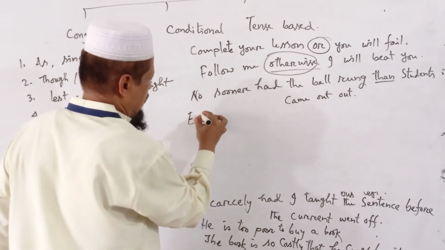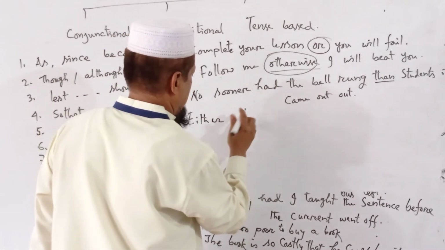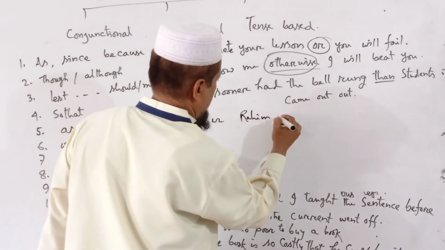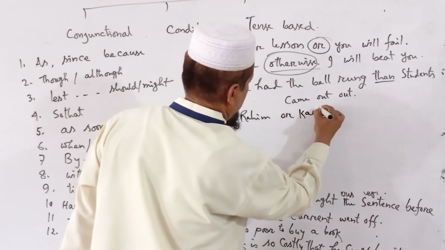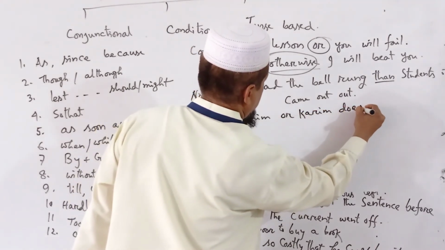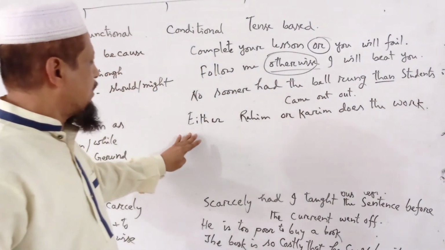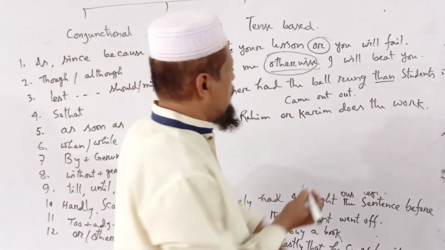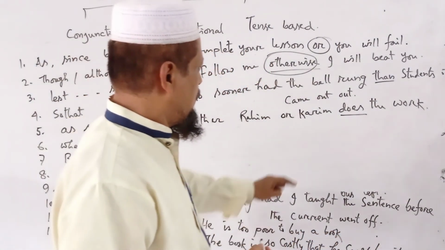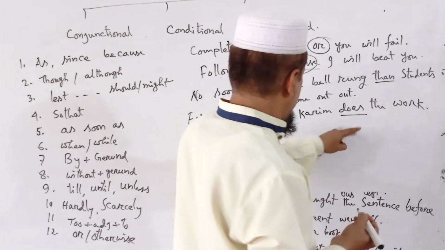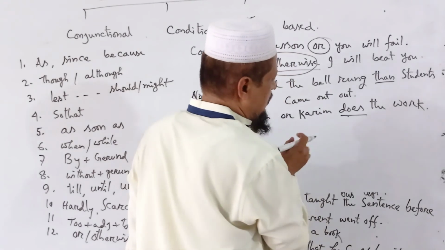Either Rohit or Puri does the work. If the sentence is connected with either or neither nor, then the verb form must be simple present, and here it will also be singular in the case of present tense.